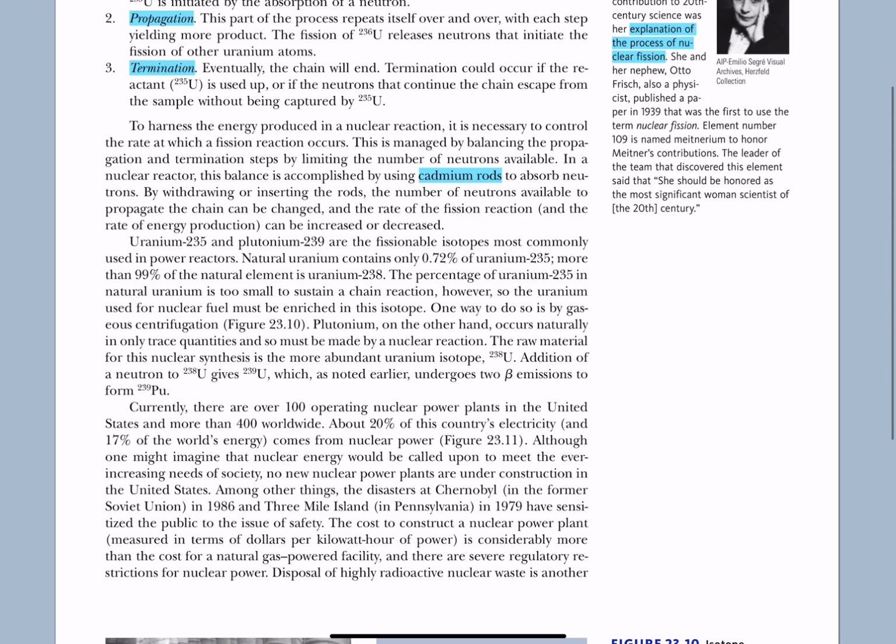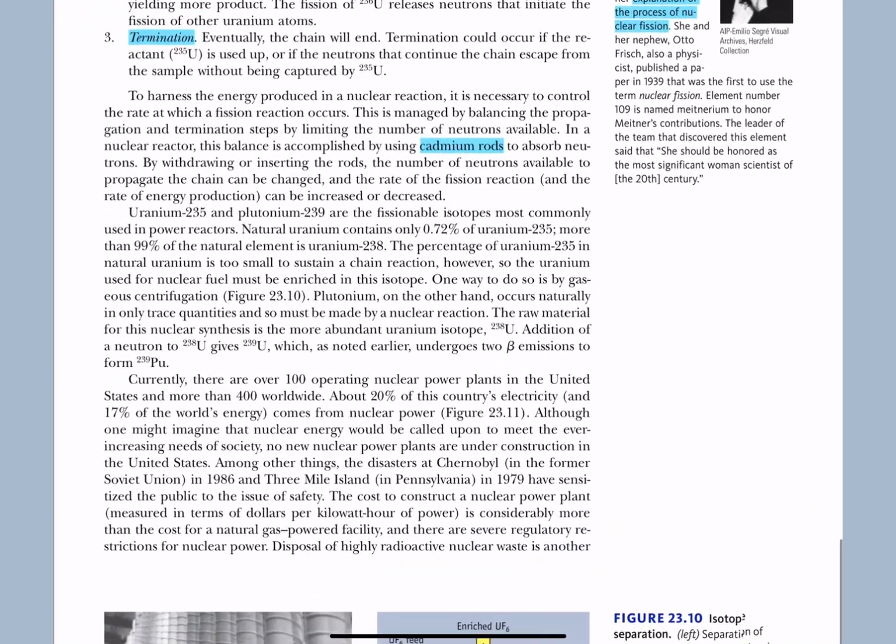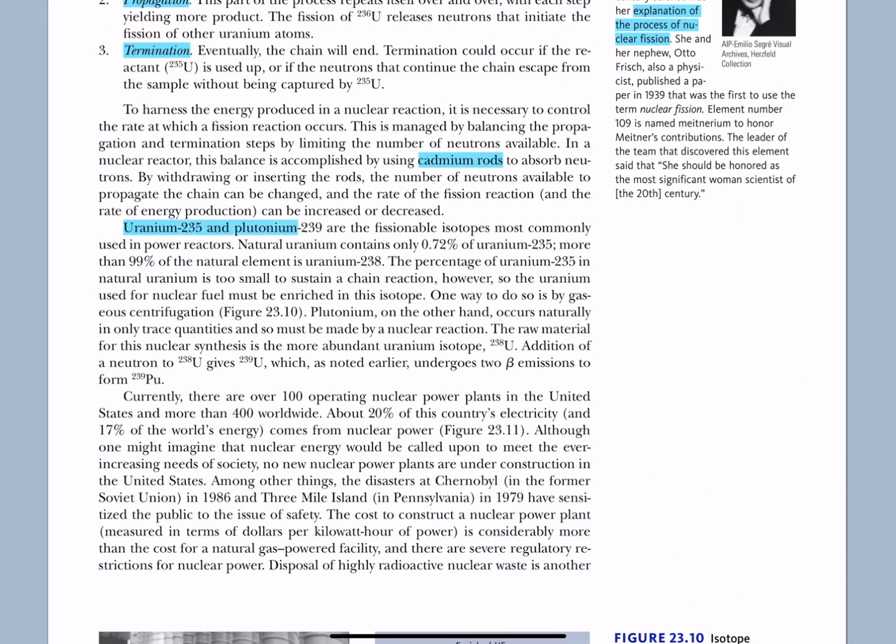The 2 kinds of fuel, as I've talked about even way back in honors chemistry, uranium-235 and plutonium-239 are the only nuclei worth mentioning that will split. And we've mentioned before that uranium-238, the common isotope of uranium, is 99.3%, and uranium-235 about 0.7%.